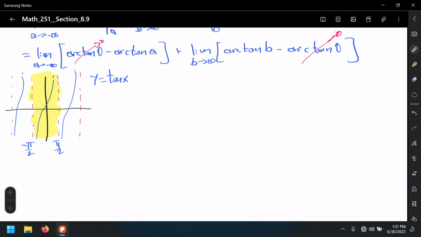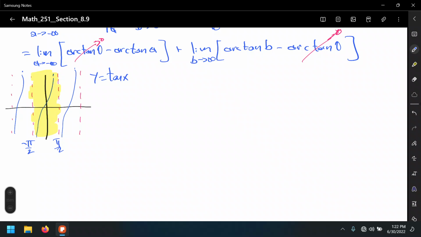However, the inverse function, let's draw the graph. We already got the graph for that one. It looked like this, with these horizontal asymptotes. Those horizontal asymptotes are exactly at the places where the vertical asymptotes came from when inverting this function.